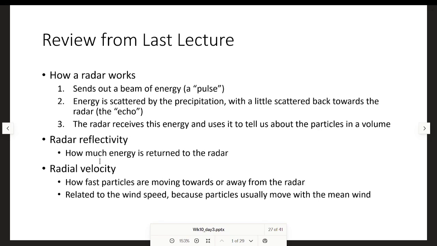The brighter the colors are, the faster the winds are moving. It's related to the wind speed because the particles usually move with the mean wind. Also, you have to know where the radar site is to determine what direction the winds are moving.